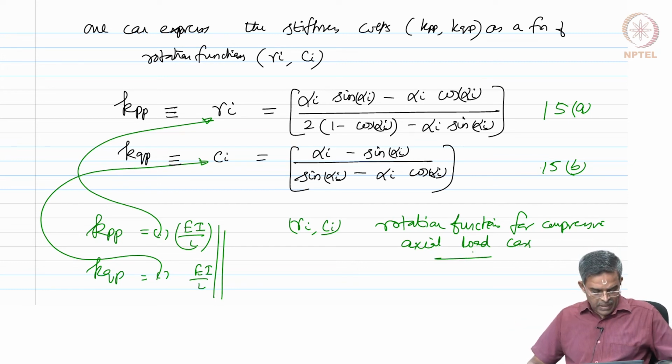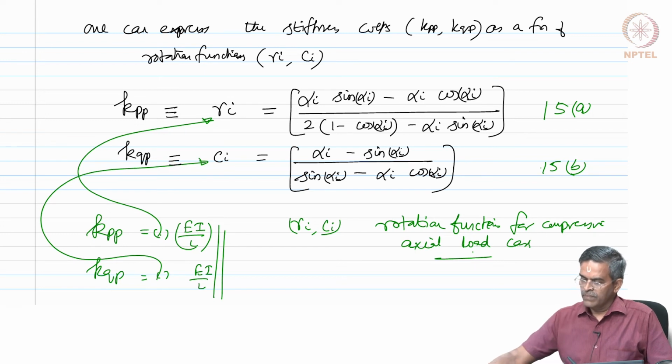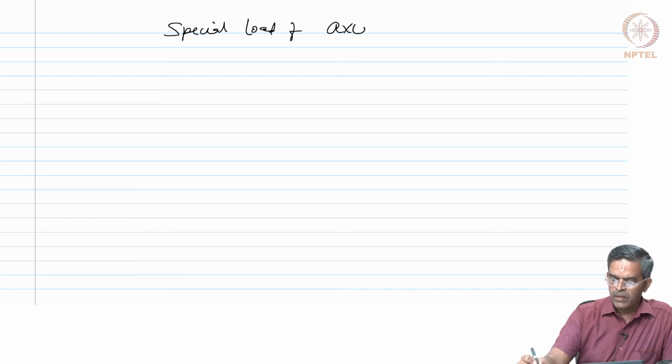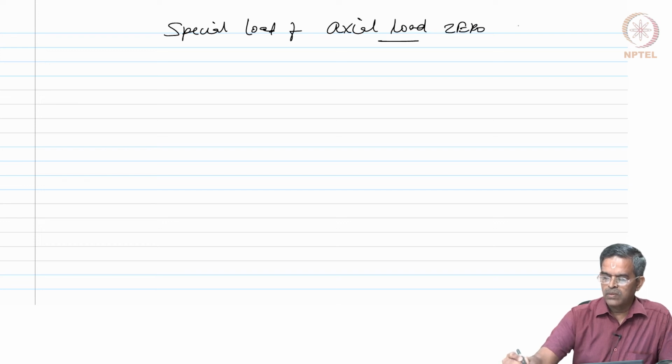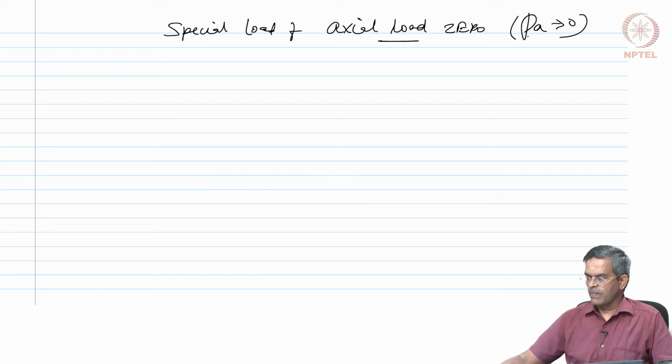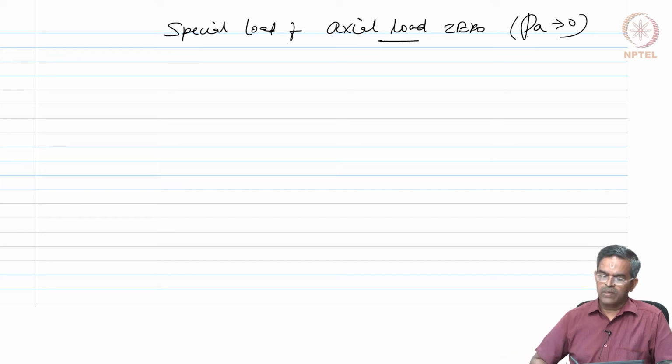I can take a special case of axial load 0 and see what happens to these functions. Let us take a special case of axial load 0 and see what happens. Special case of axial load 0, that is PA is set to 0. So what does it mean?